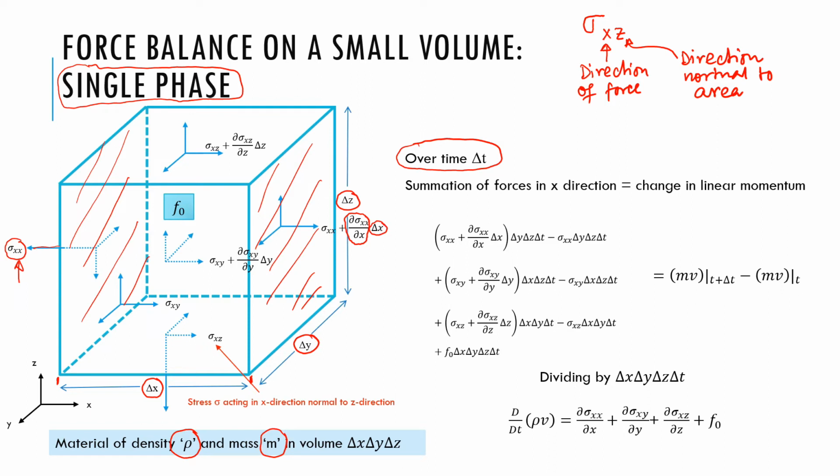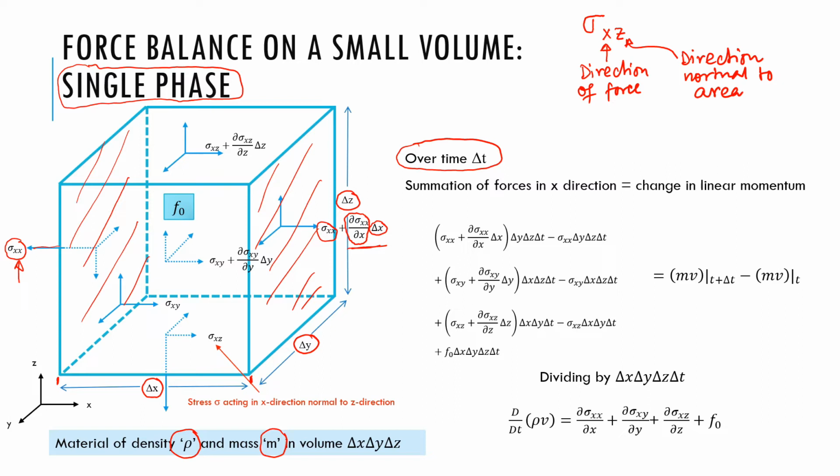That's the amount of change, plus the original. So on this face, it's sigma xx plus del sigma xx del x times delta x.